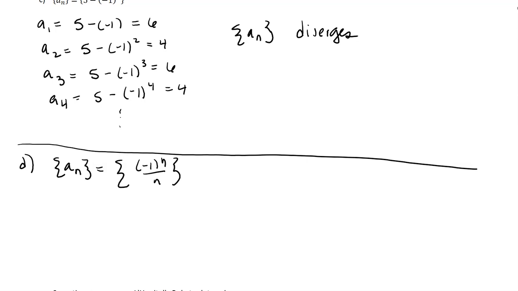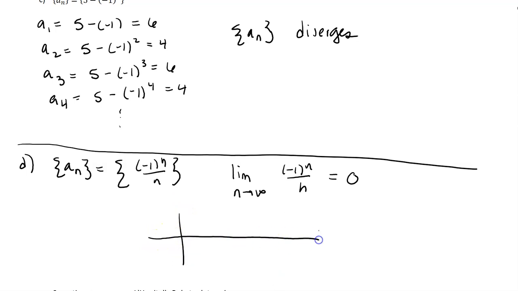Now you do want to be careful and not just assume that anytime you have negative 1 to the n, it's going to oscillate between two values and diverge. Because, for example, if you had something like this one, negative 1 to the nth power over n, if you take the limit as n approaches infinity of this thing, what you end up getting is 0. So if you were to graph out the real function, or even just the points, as n equals 1, 2, 3, 4, 5, and so on, you end up with something that looks like this.